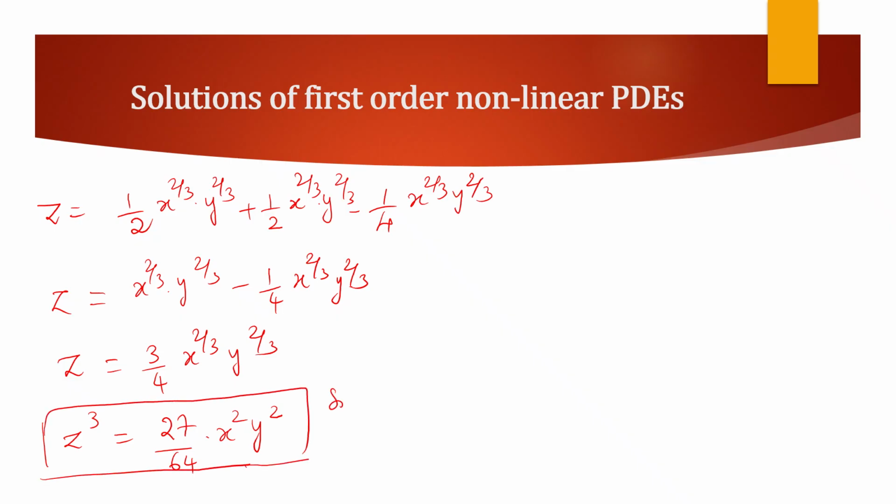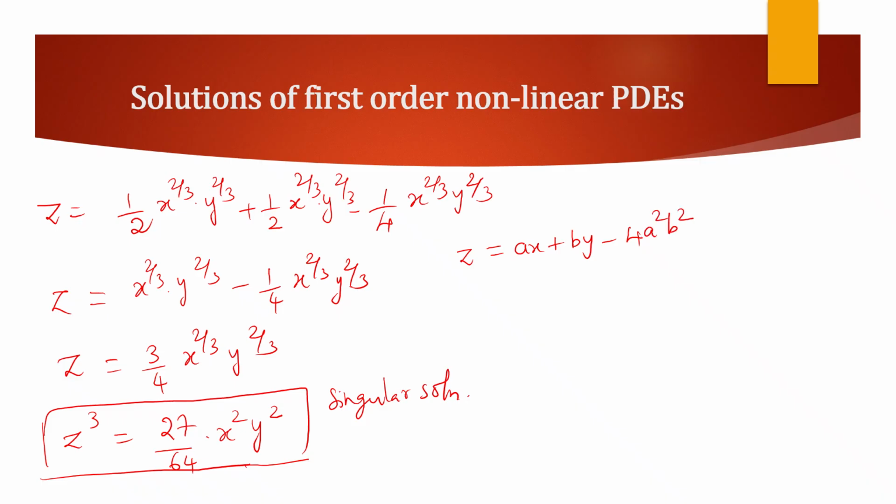So this is our singular solution, and the general solution is obtained just by considering one constant as a function of the other. So our complete solution is z is equal to ax plus by minus 4 into a square into b square.